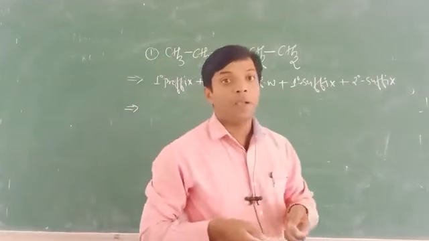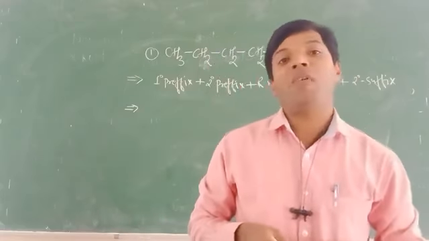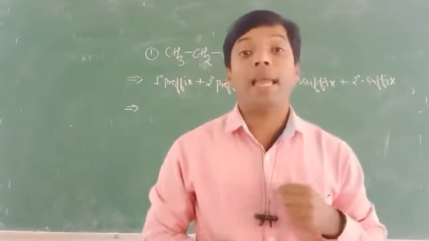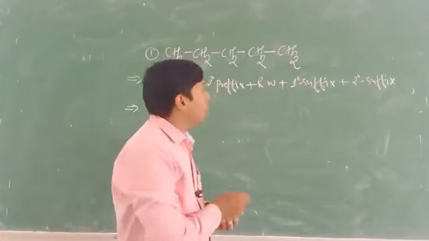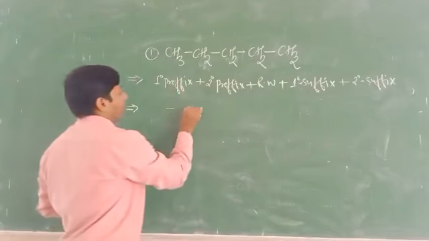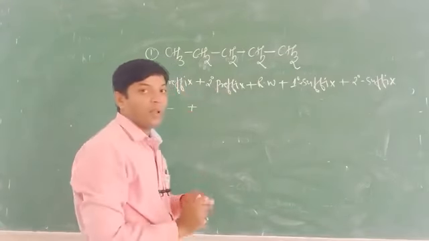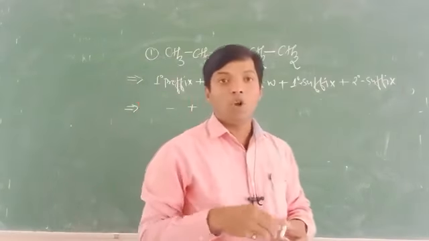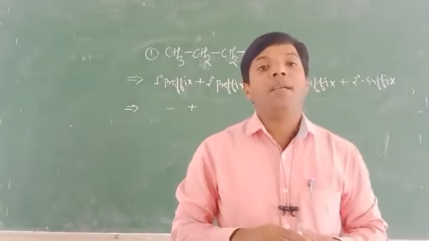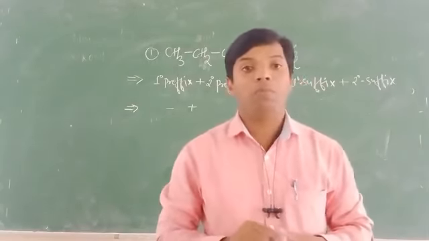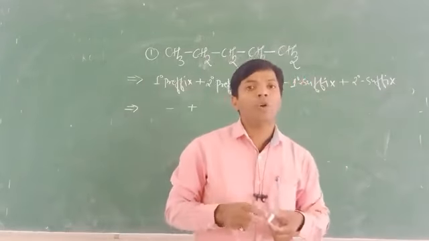What is the primary prefix? The primary prefix gives information regarding the cyclic nature of the compound. Is the compound cyclic? No. So I will put a dash here. I'll come to the secondary prefix. What is the role of the secondary prefix? The secondary prefix gives information regarding the substituent group.